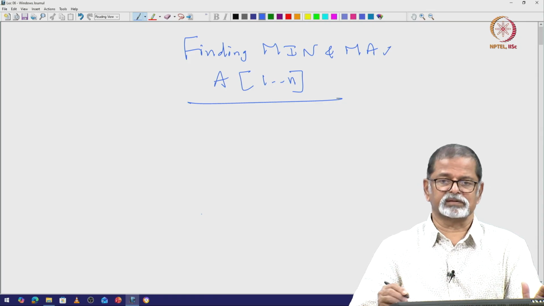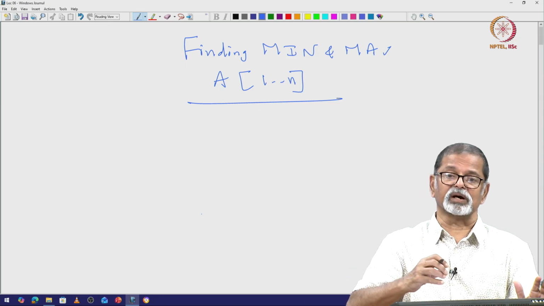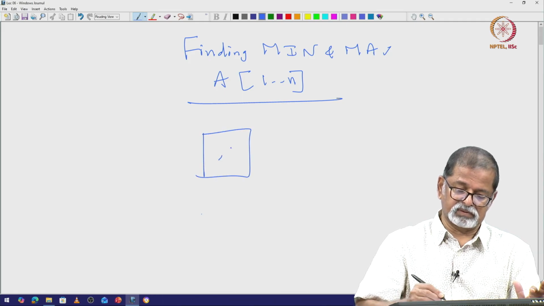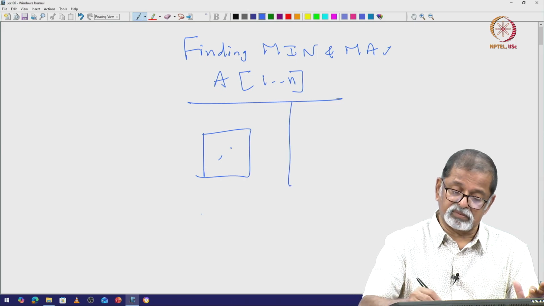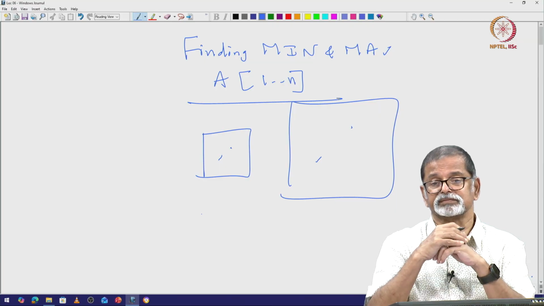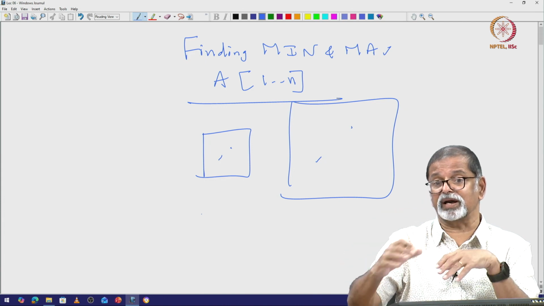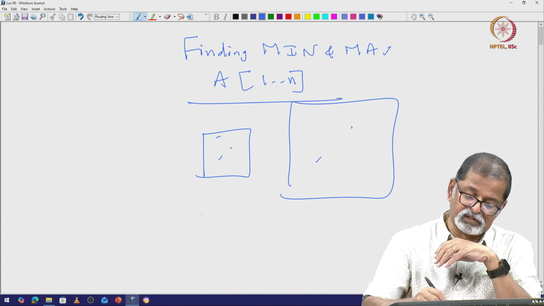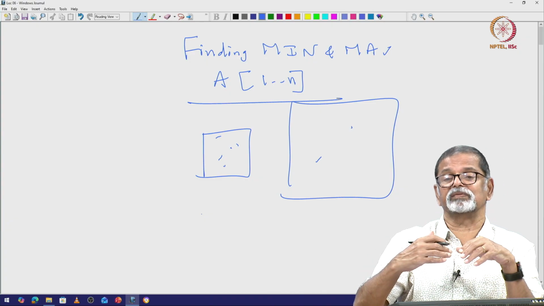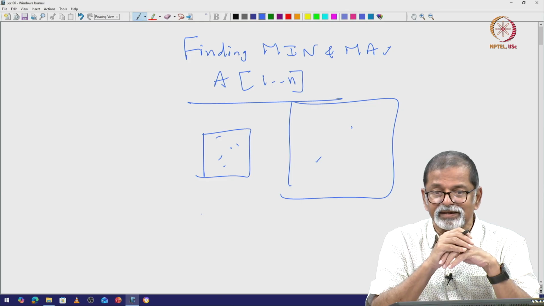It has some real world applications. For instance, when you are zooming in and zooming out in windows, you have some points, and when you expand they have to be properly spaced. In the smaller window they will be proportionately closer. So how do you arrive at this proportion? You may have a lot of points and you get a bounding rectangle by finding the maximum and minimum of the x and y coordinates, and that defines the bounding rectangle.